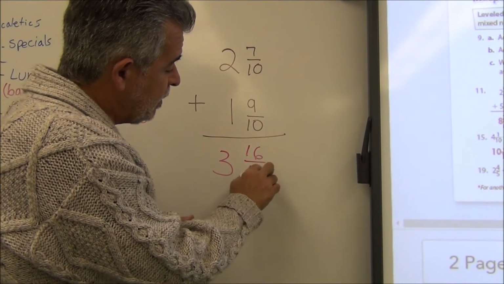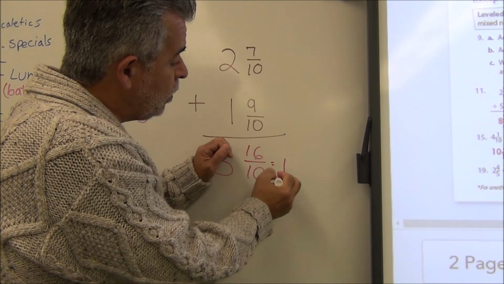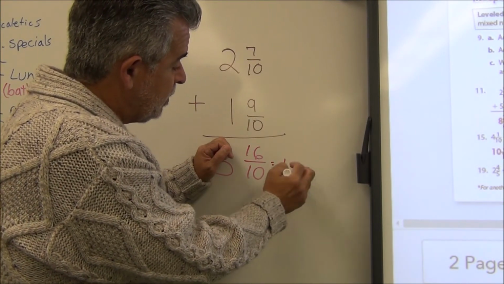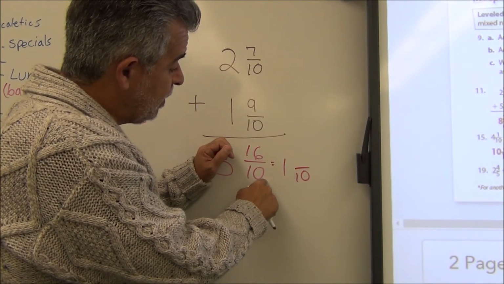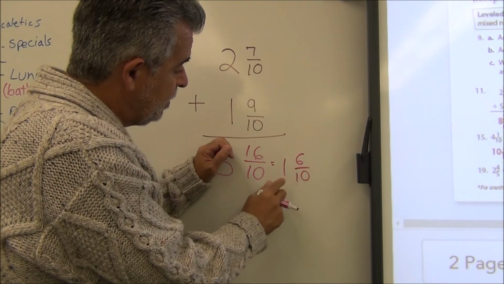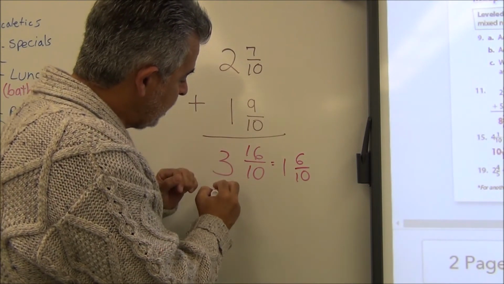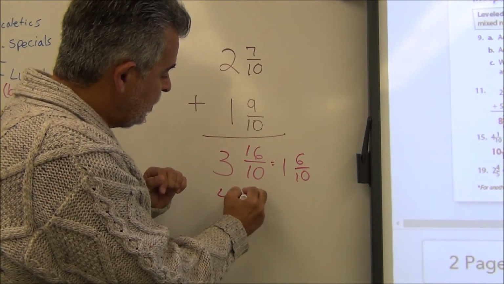How many times can I get 10 out of 16? And that would be 1. The denominator stays the same. So 1 times 10 is 10, and if I take that away from 16, my remainder is 6. Now I have to add that whole number to that whole number, so it's actually 4 6/10.